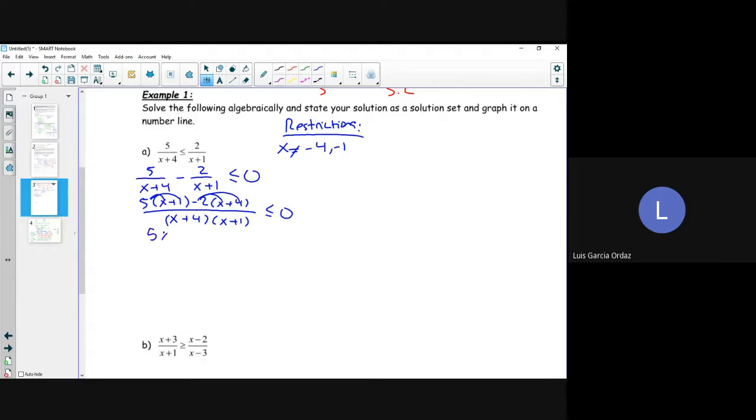So we get 5x plus 5 minus 2x minus 8, all over x plus 4 times x plus 1, less than or equal to 0. Then we collect our like terms and we're left with 3x minus 3 over x plus 4 times x plus 1, less than or equal to 0.